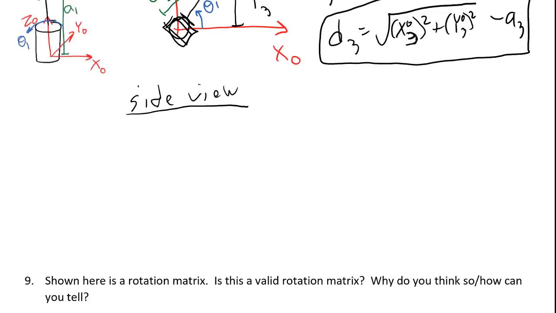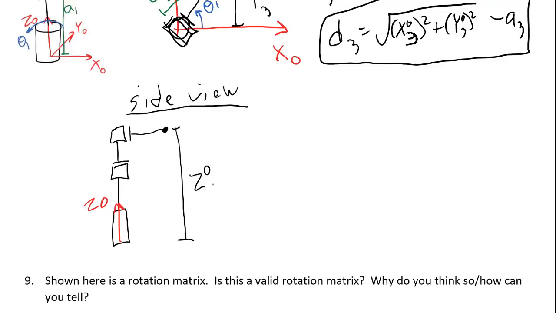So from the side view, here's my first joint, and then I've got the second joint, the third joint, like that, and Z0 is pointing up. But going to the right may or may not be x0, so I'm not even going to draw that in. Now I want to label anything I know about the position of the end effector. This is the position of the end effector in the z direction.